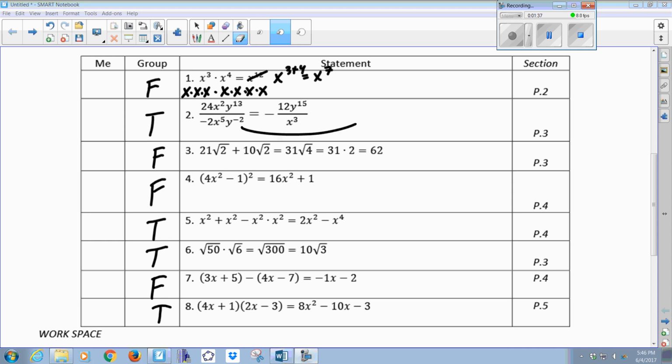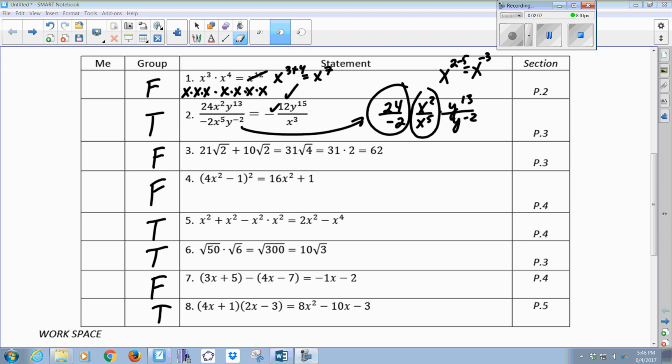We can take this particular fraction, and since everything is multiplication, we could create 3 separate division problems here. The first division problem here is 24 divided by -2, which is -12. That's right here. X squared divided by x to the 5th. If you recall, when you divide with the same bases, you subtract your exponents.